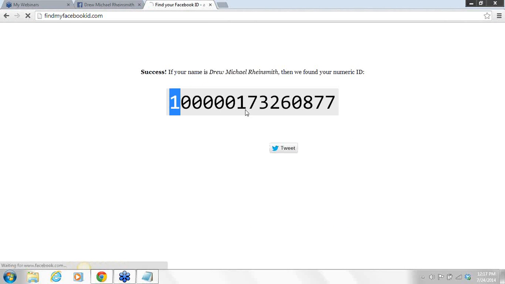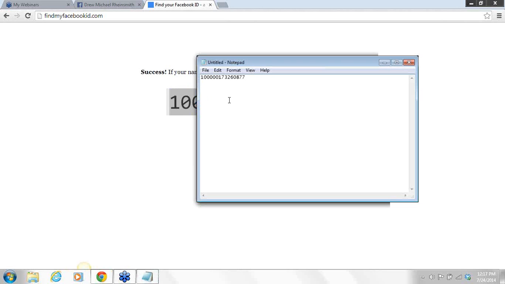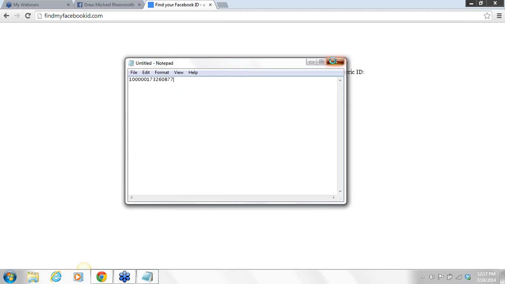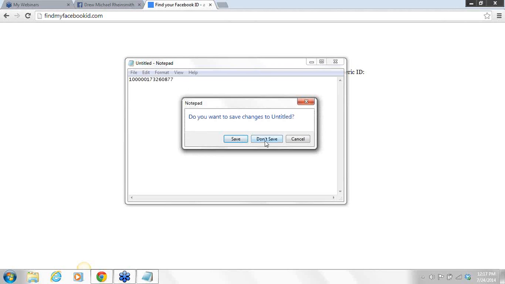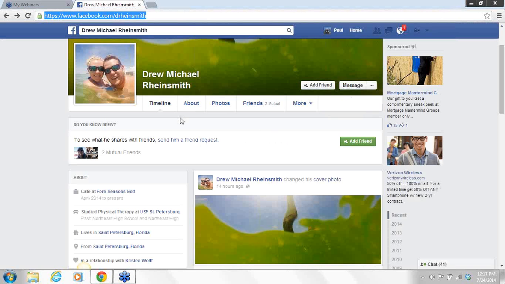Now this time it did, success. And notice that's the same exact number that it gave me on the graph a second ago. So either way will work, and you can extract a single Facebook ID very, very quickly and simply.